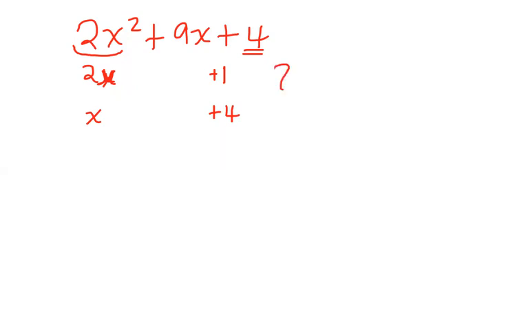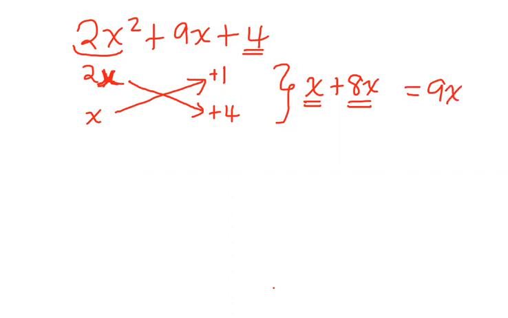But let's see if the cross multiplication works. x times positive 1 gives us positive x. And then I cross multiply 2x times positive 4, that gives us positive 8x. And x plus 8x gives us 9x. And that's what we are looking for, the result in the middle, 9x.